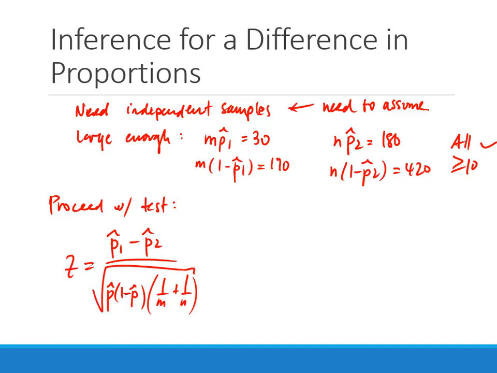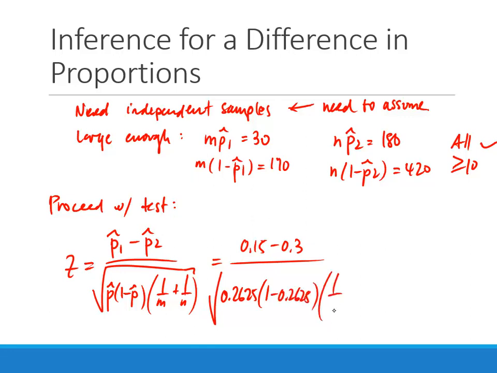Up top we have 0.15 minus 0.3. In the denominator we have a big square root: 0.2625 times 1 minus 0.2625 times 1 over 200 plus 1 over 600, all under the square root.